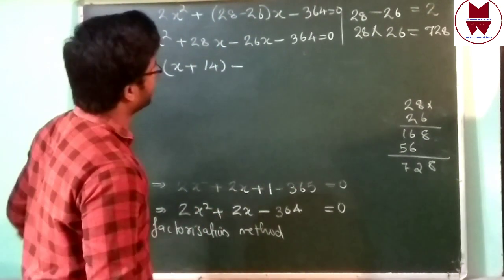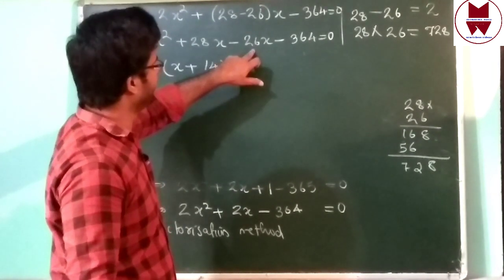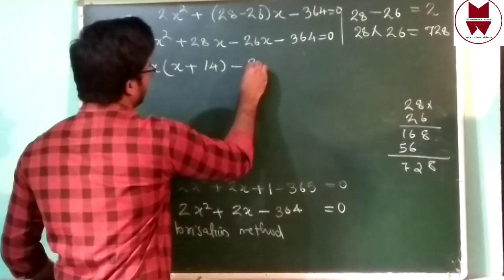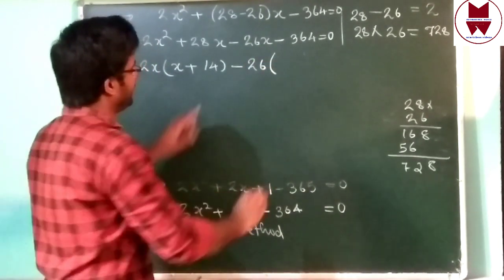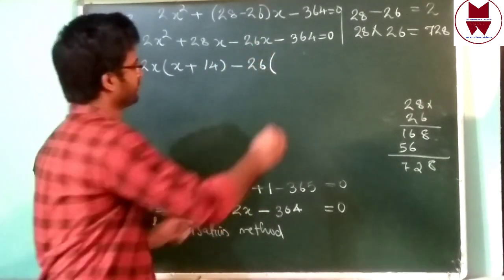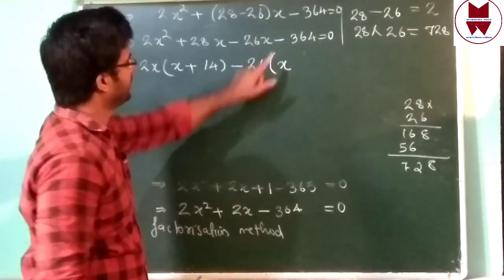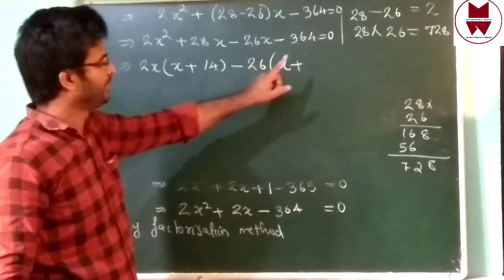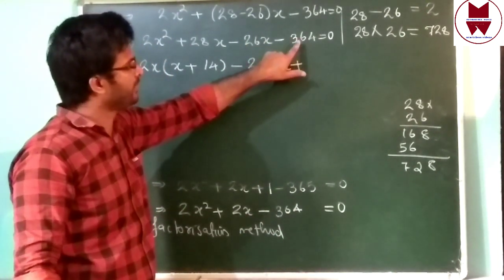What we can take outside? In here minus 26 take outside. Then remaining x. Then this part plus, because minus I already took outside. But then in here 364.